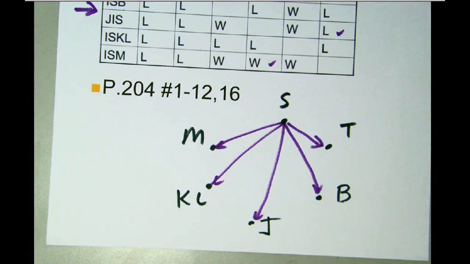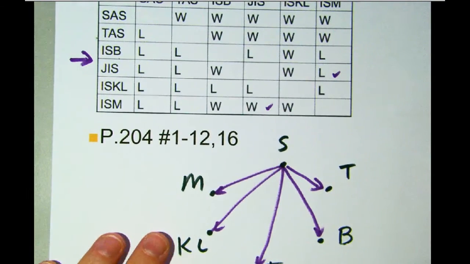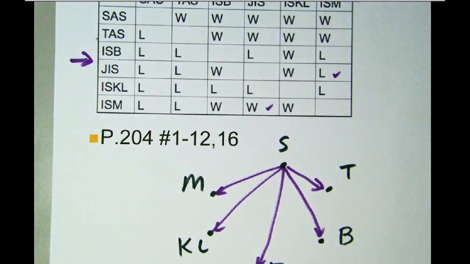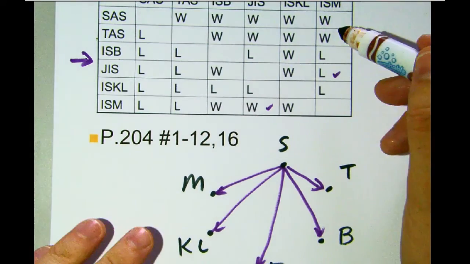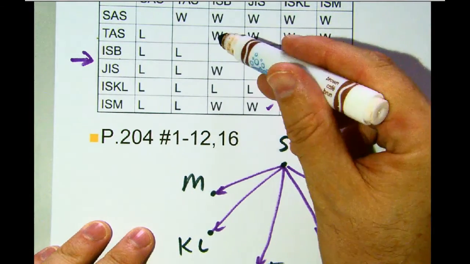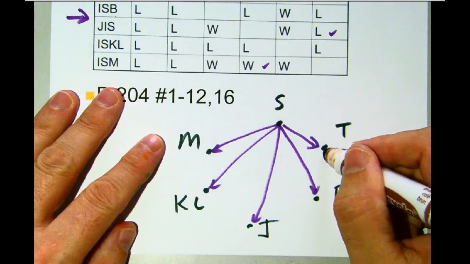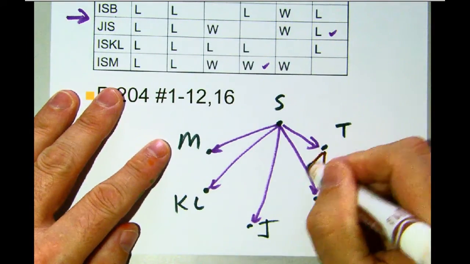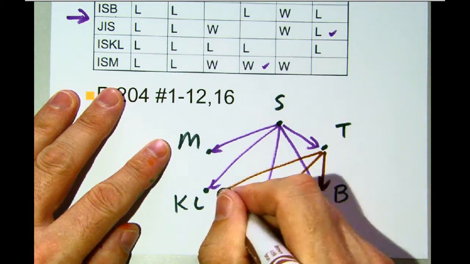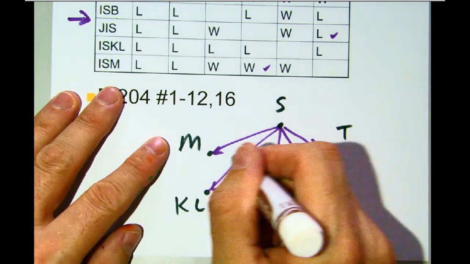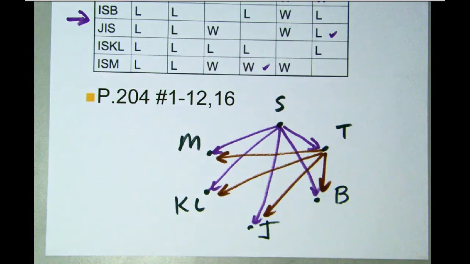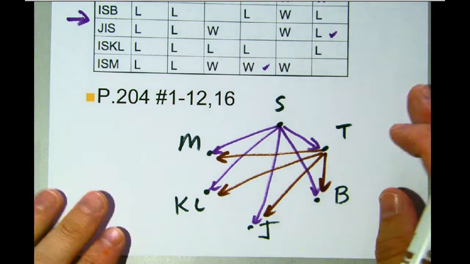Now if I move on and I look at Type A next, I'm just going in kind of an order of who had the most wins. Then Type A beat everybody except for SAS. So when I do this, I don't go back to SAS because they only played one game. So it's going to be a complete graph with no multiple edges.